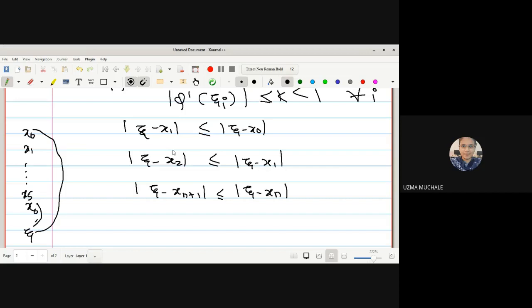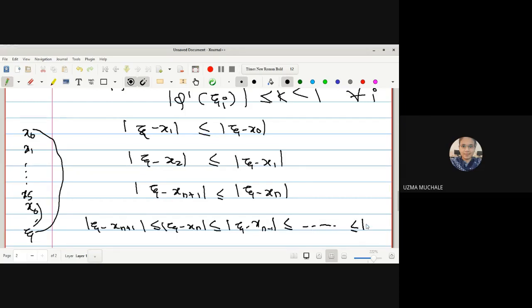So if I write these inequalities in the form, this is mod of zeta minus xn plus 1, which is less than or equal to zeta minus xn, which is less than or equal to zeta minus xn minus 1, and so on.